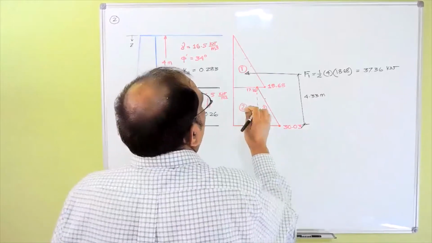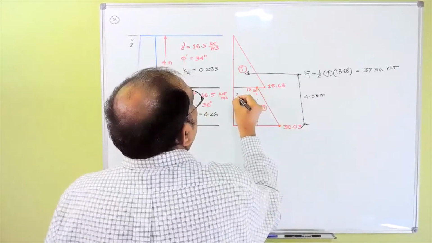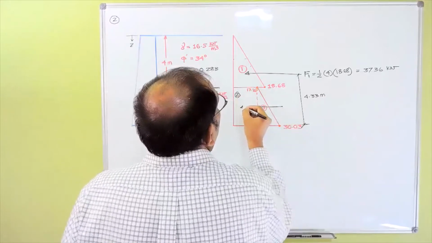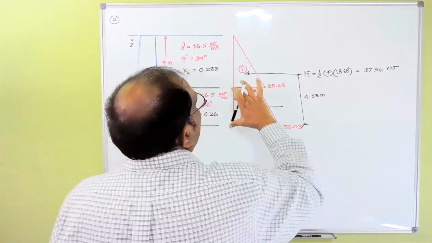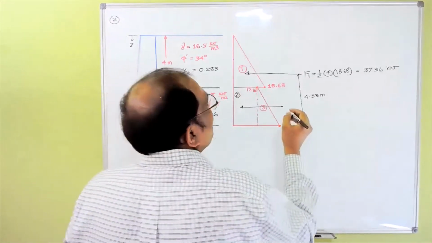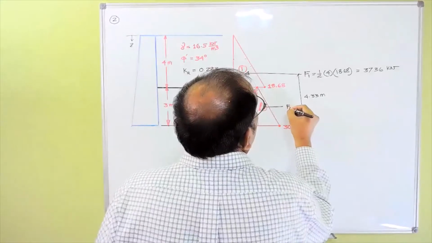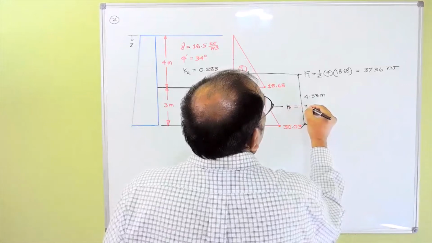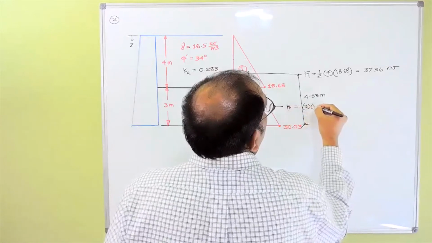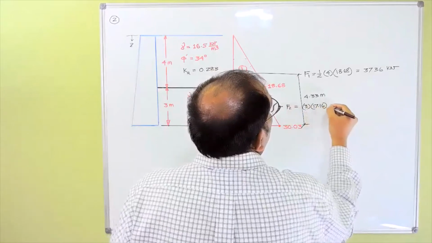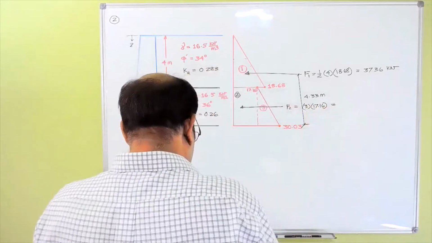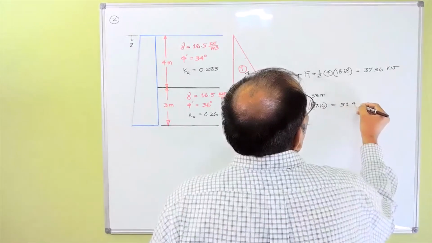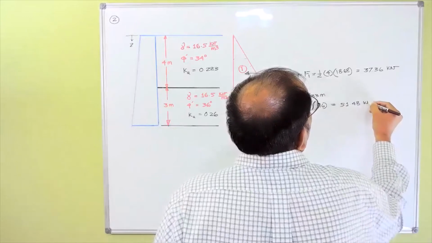So for area 2, the force is here, which is basically 3 into 17.16. So F2 is equal to 3 multiplied by 17.16, which is basically 51.48 kilonewton.